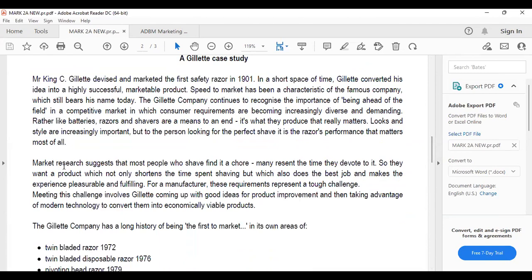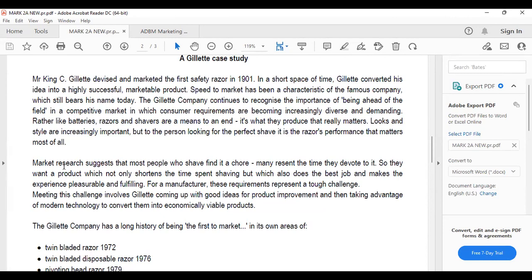Now, if you come to the second paragraph, this is the most interesting paragraph, where they're saying that market research suggests that most people who shave find it a chore. Many resent the time they devote to it. So you can see that people have already used this for a long time.